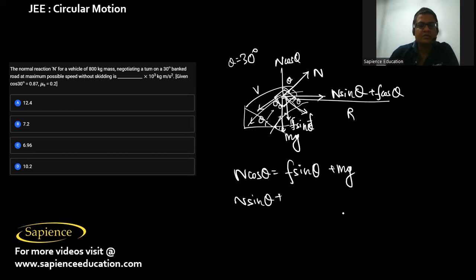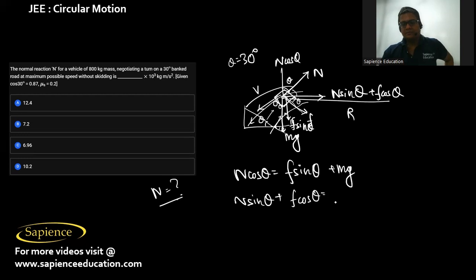So here it is asked to find the normal reaction. Normal reaction n has been asked. This is n sin theta plus f cos theta, that is equal to mv square by r.